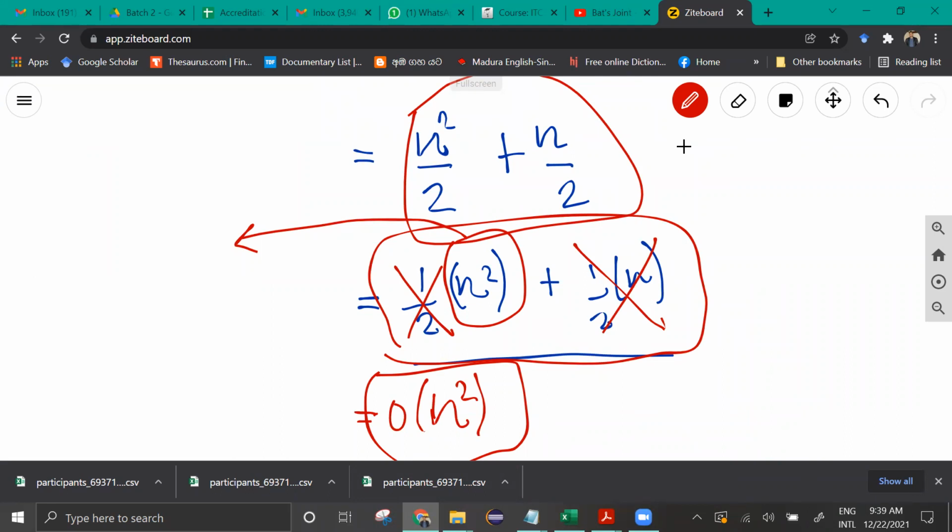When we are choosing our big O value, we choose not the exact time or exact value, but an estimation, a closer value which can represent our function or our algorithm.